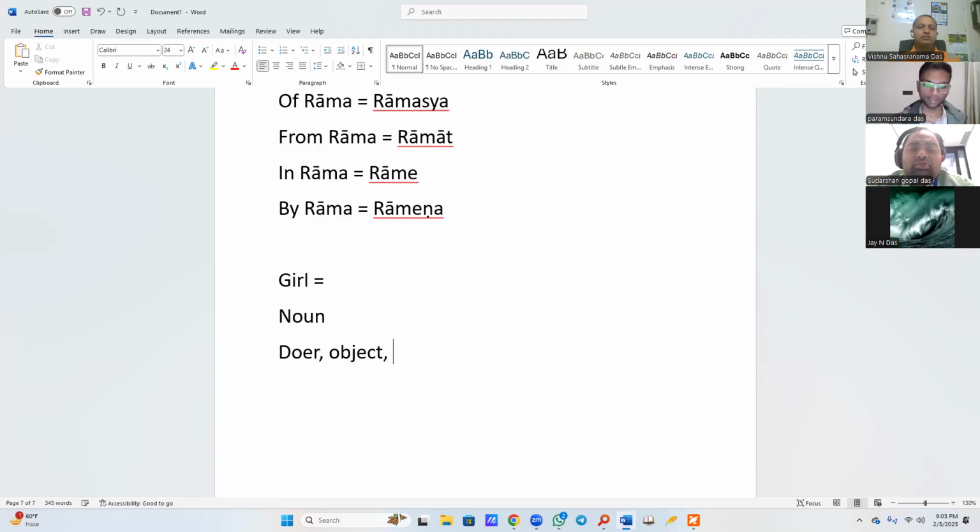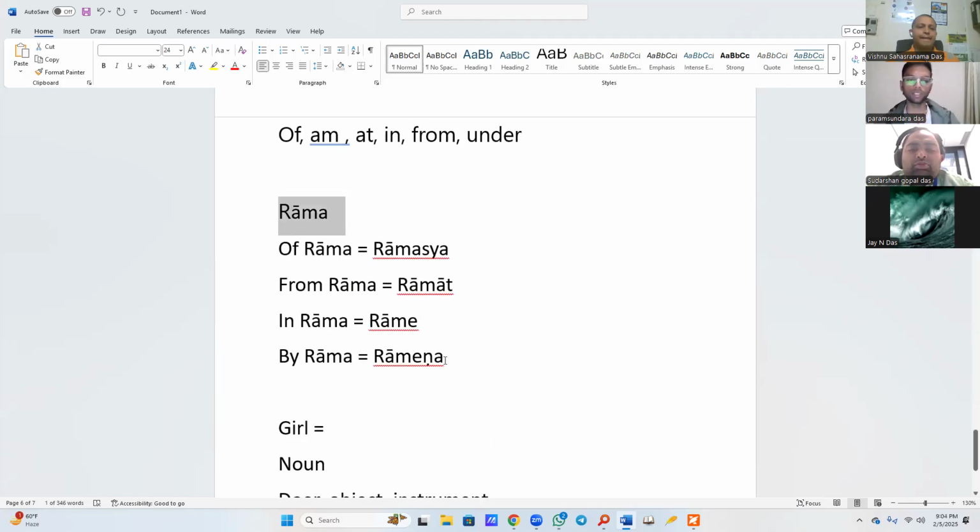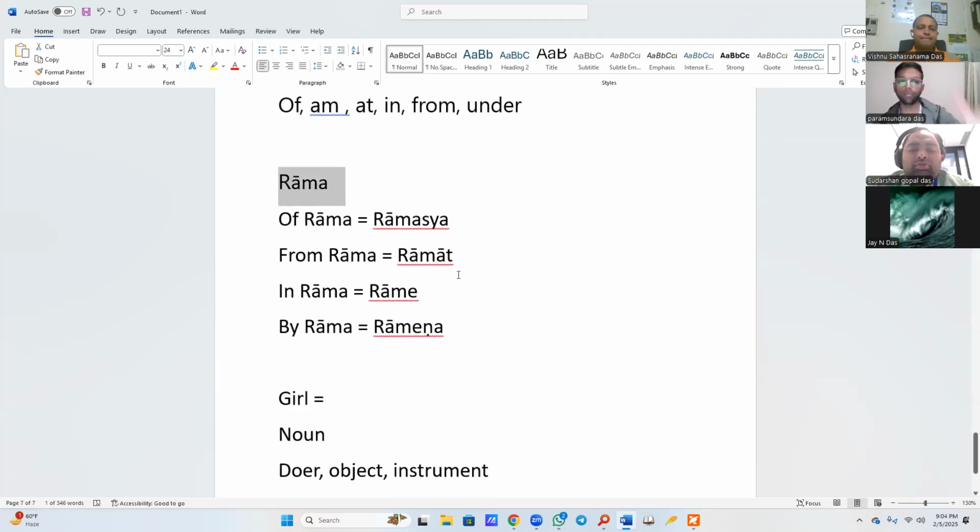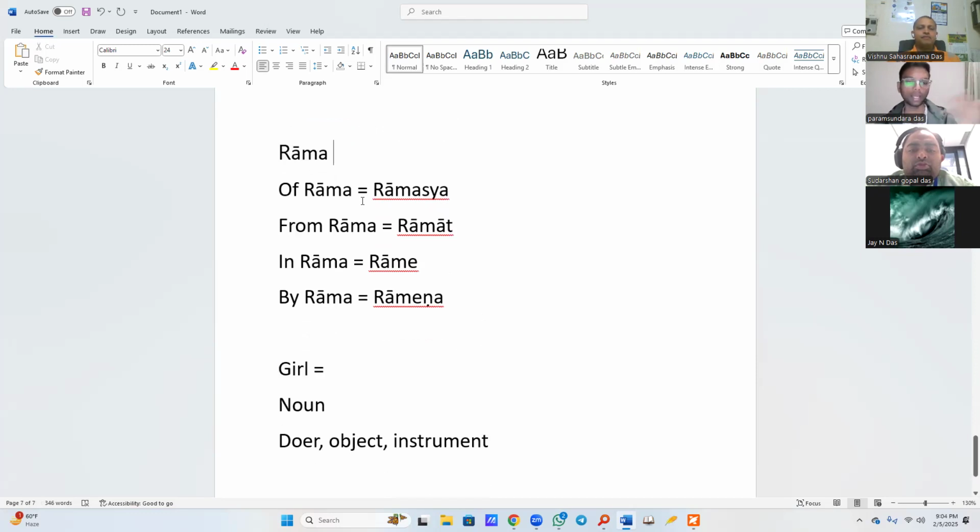It can act as the instrument, and so on. For example, here Rama was that girl prior to the marriage. We see Rama acting in different roles and then assuming different endings. Just a basic understanding, we will explore it more ahead.